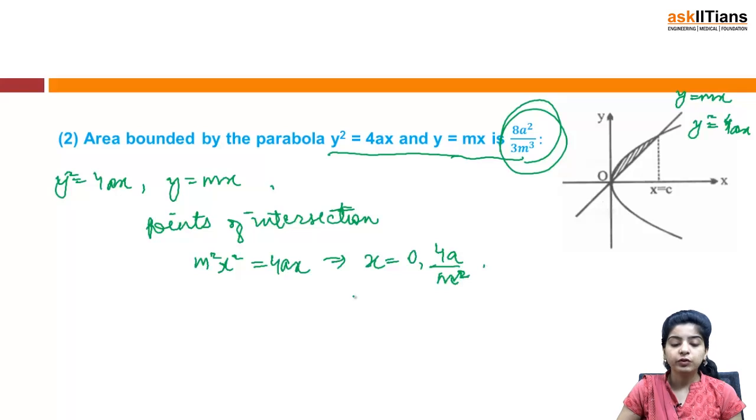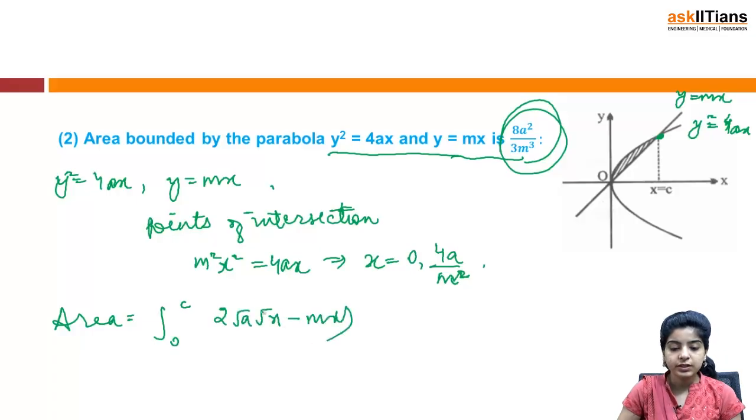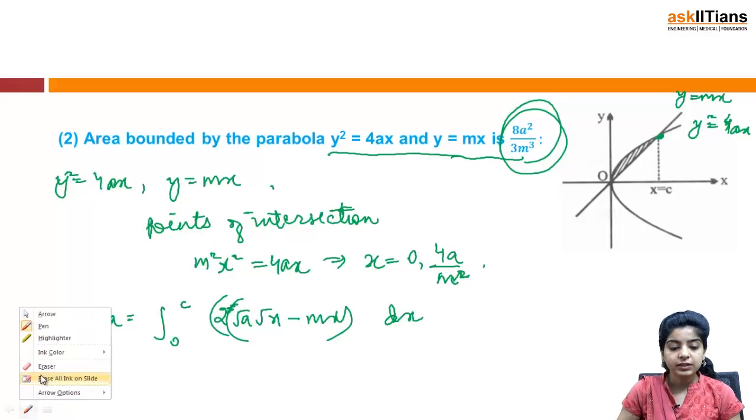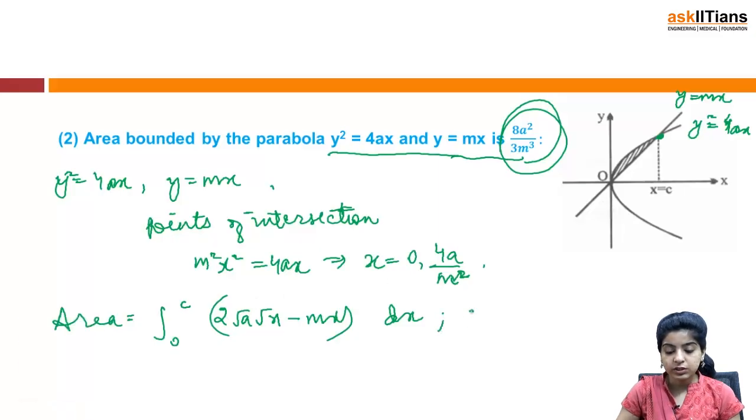Once you get the points of intersection, the area is from 0 to c, where c is the point of intersection. So we have the integral from 0 to c of 2 under root a under root x minus mx dx, where c is 4a by m square.